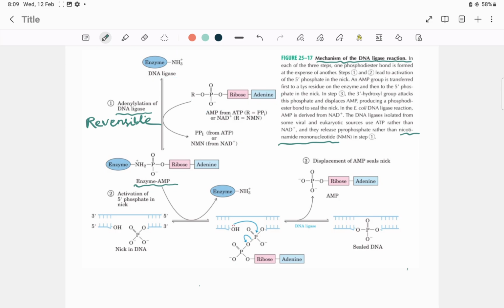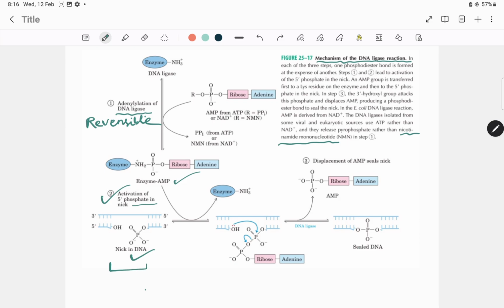During the first step of the reaction, the AMP is transferred to the Lys residue, or lysine residue, of the enzyme. The enzyme-AMP complex formed during the first step of the reaction now reacts with the nick in the DNA.